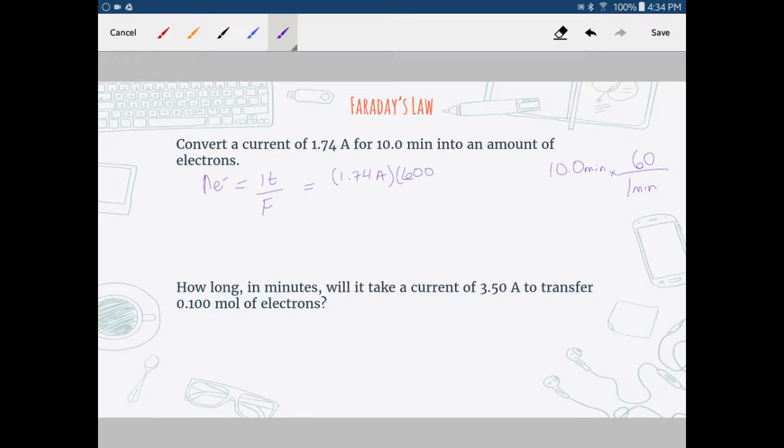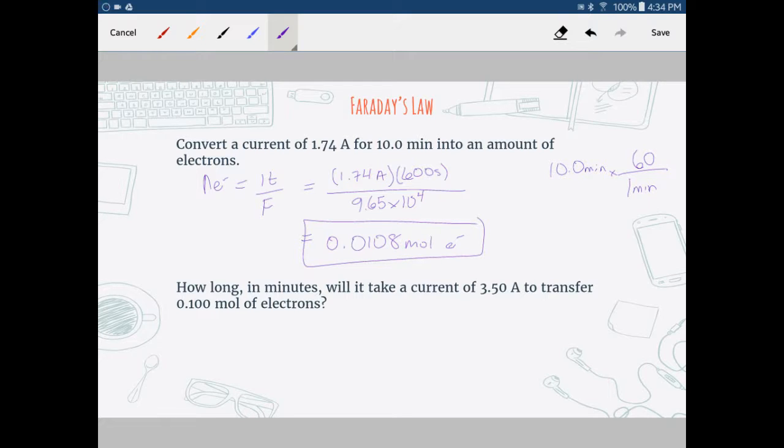So we have 600 seconds over Faraday's constant, which gives us an answer of 0.0108 moles of electrons.